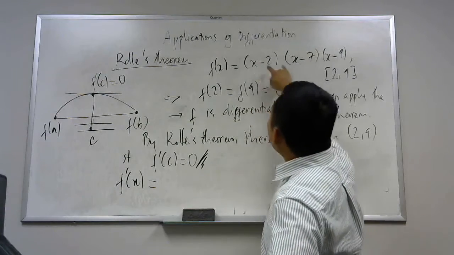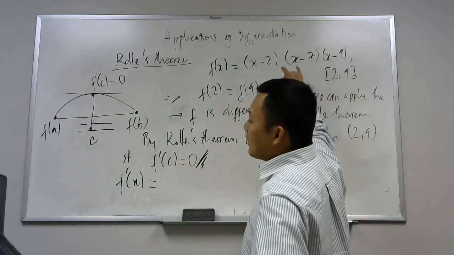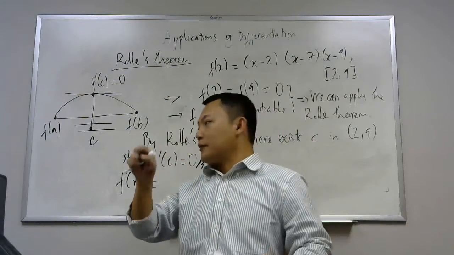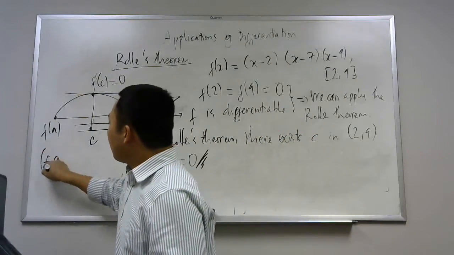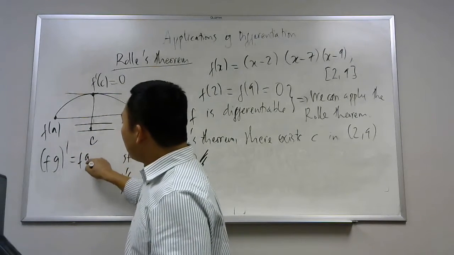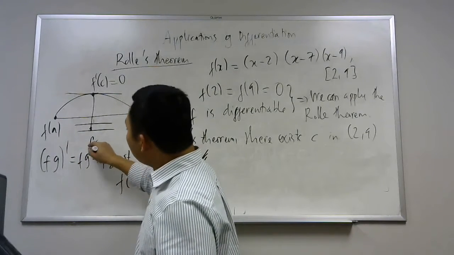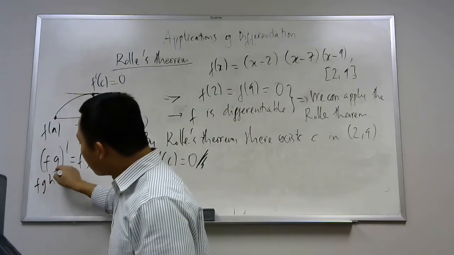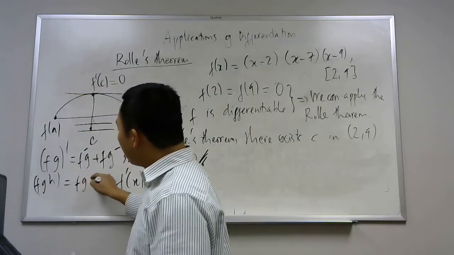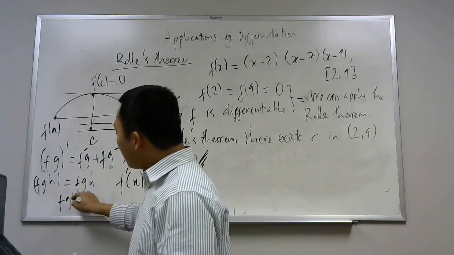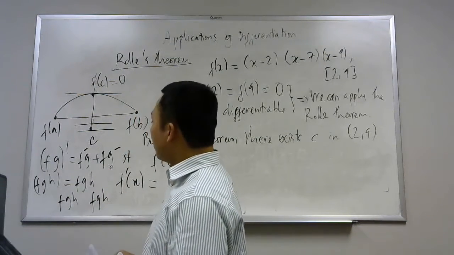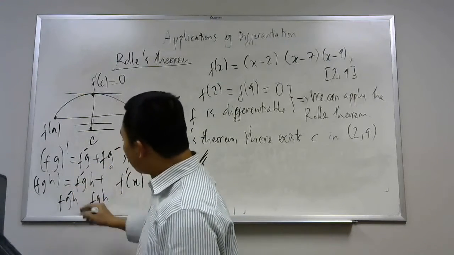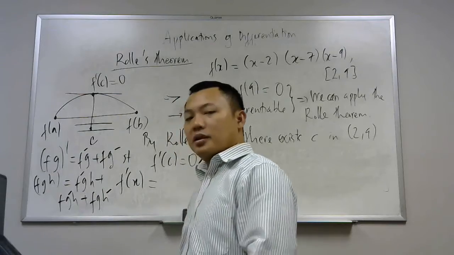Here we have a product of functions. I hope you still remember when I taught these topics, right? If we have a product of two functions, the derivative is f prime g plus f g prime. If you have three functions, you do the same thing: you write f g h, and then you take the derivative of the first, plus the second, plus the third.